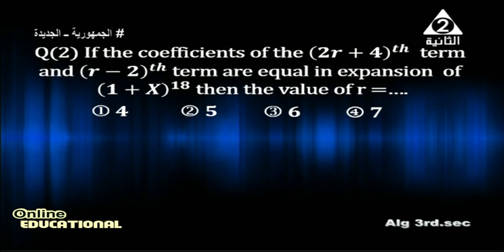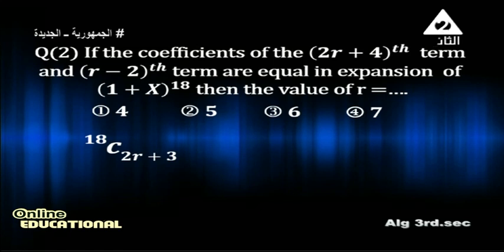Don't forget the binomial theorem: 18C0 x to the power 0 times 1 to the power 18, and 18C1 x to the power 1 times 1 to the power 17, and so on. But in this case, look at the steps.